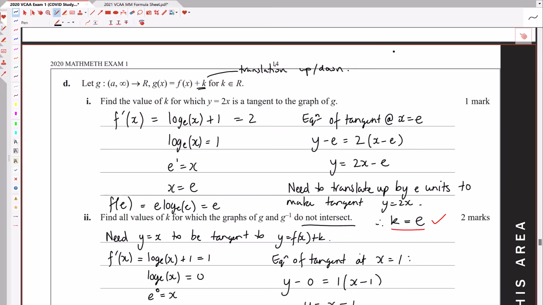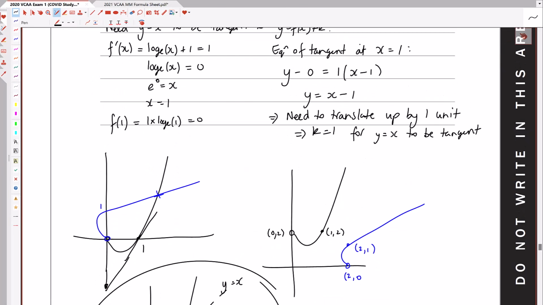And so therefore k must be bigger than 1 for no points of intersection. Okay, so k must be bigger than 1.